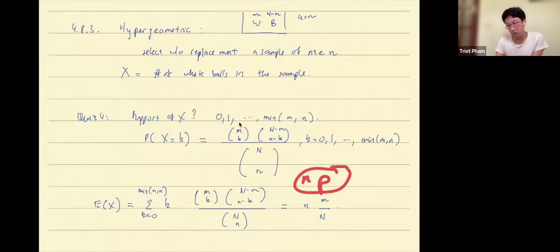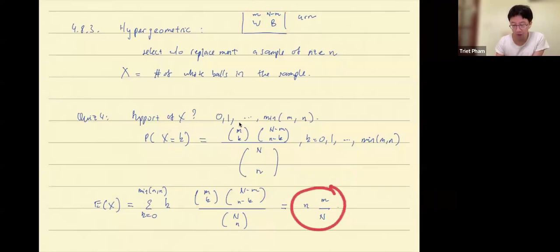Except, don't be misled by this in the sense that it's really just a mnemonic. It should just guide you in memorization, but it's not really the n times p of the binomial. Because what's the difference? The difference is that the colors of the sample are not independent.